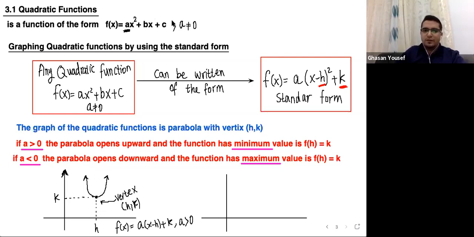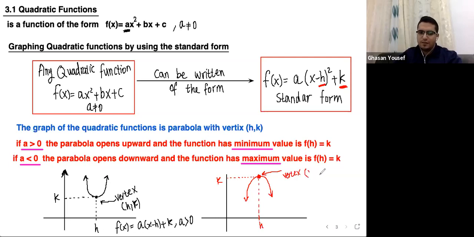For the second one, suppose my graph looks like this. Okay, this is my parabola. So this point is h, and this point is k. Here is the vertex.